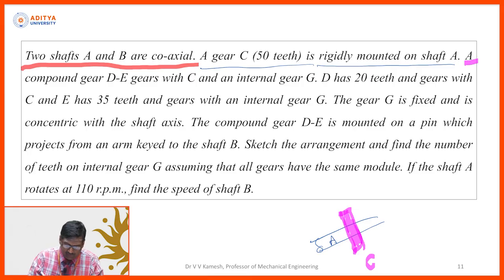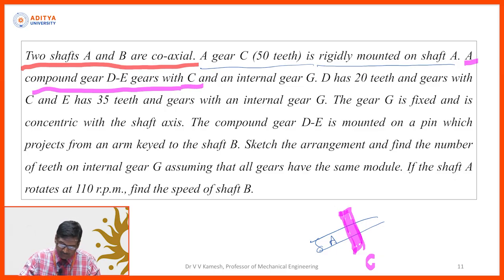a compound gear DE gears with C, and an internal gear G. So, with the C there should be some one gear either D or E, we do not know. Now, there should be one compound gear DE.